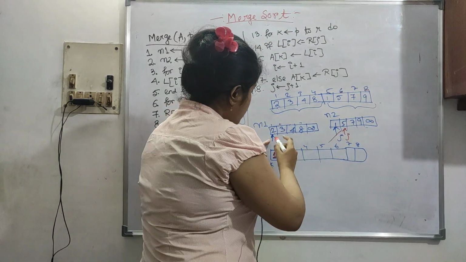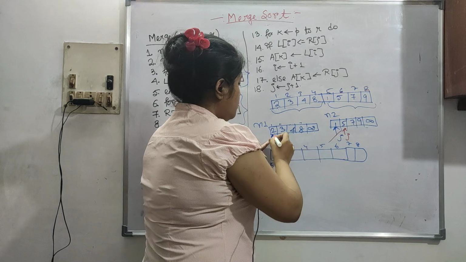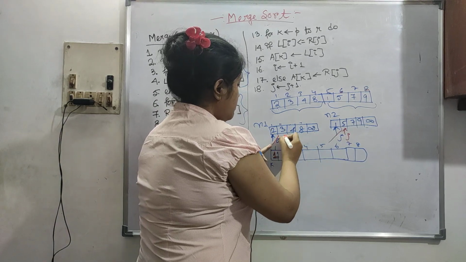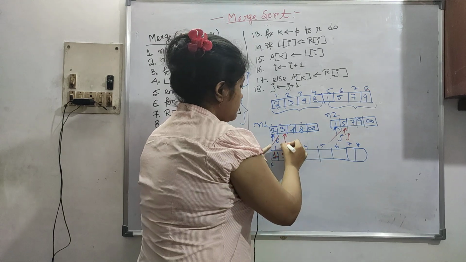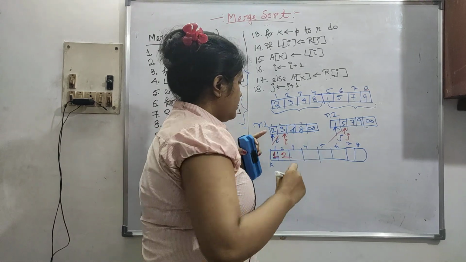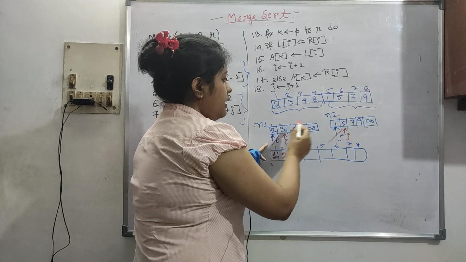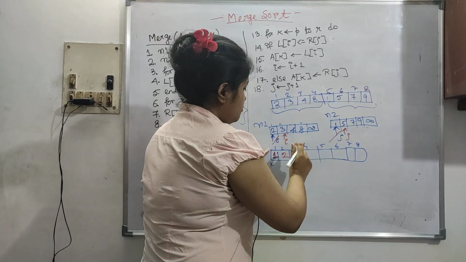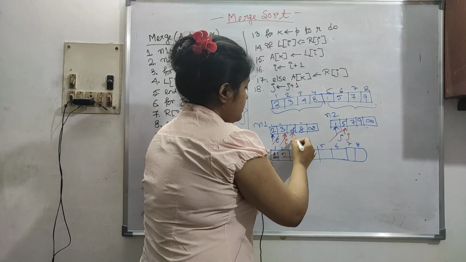So now 2 and 5, 2 is lesser than 5, so 2 will be put here and I will increment to the next element, okay. So now 3 and 5, 3 is lesser than 5, so 3 is put here and I is incremented.